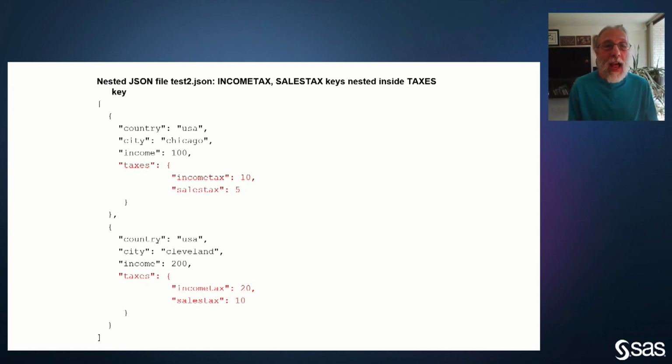You can see that the income tax and sales tax keys are nested inside the taxes key. In other words, there's no actual value for a variable or column called taxes. It's really just giving us nesting so that the actual values are contained in income tax and sales tax. And this is different conceptually than the way we think about a SAS data set.